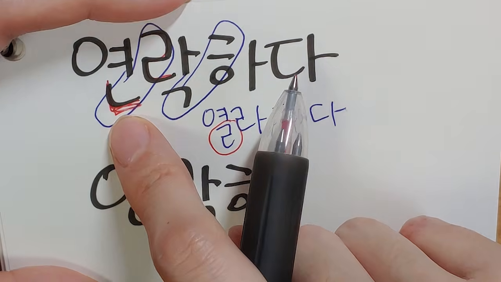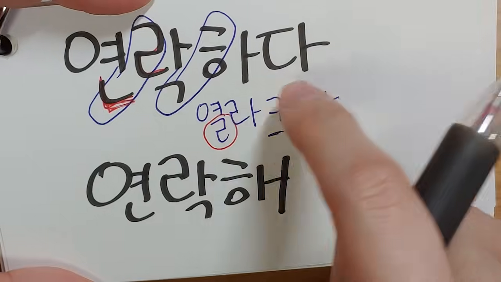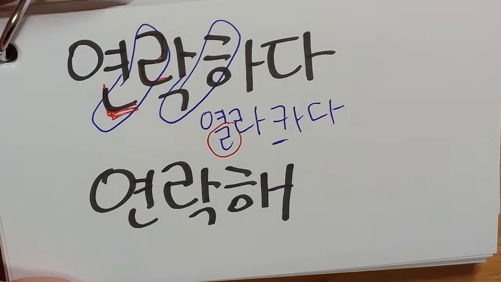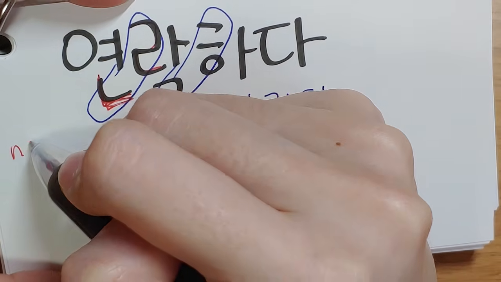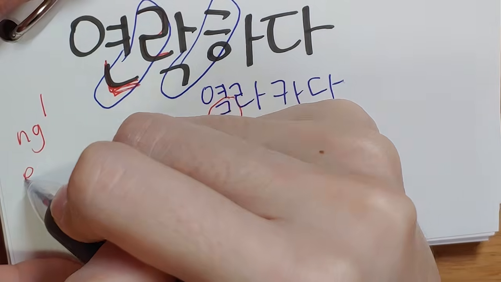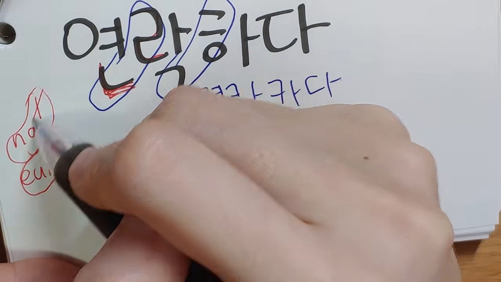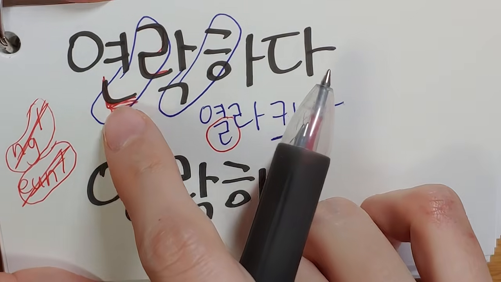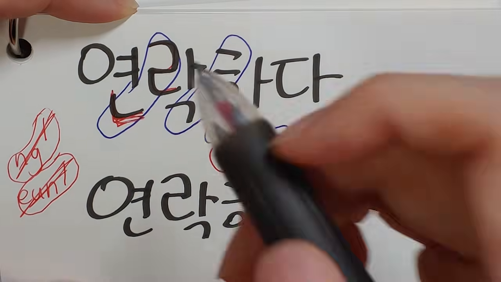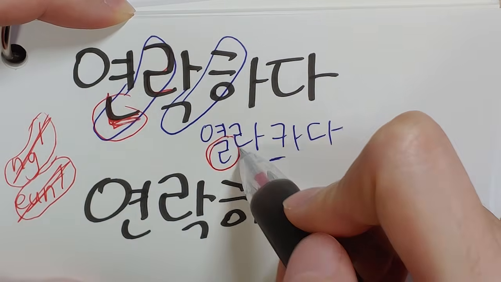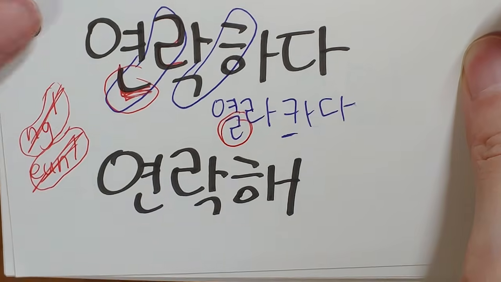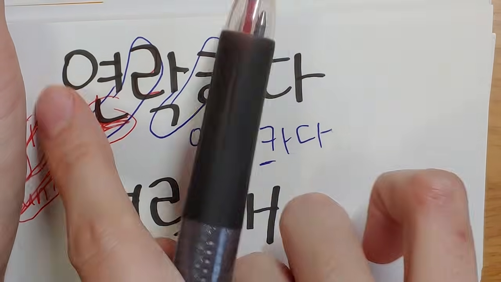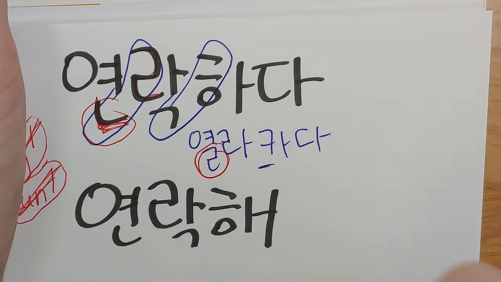When you try to enunciate it the other way, our tongue kind of hurts, because like I said, we're not really used to pronouncing that sound. We find it more comfortable if we make it soft. So we just replace the 은 sound with the 을 sound, and that way it's a lot more comfortable for the mouth and the tongue. 연락하다 means to contact or to keep in touch.